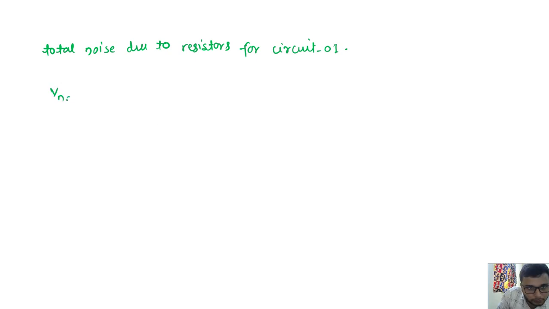The total noise can be written as Vn due to resistor R, plus Vn due to 3R, plus Vn due to 4R.